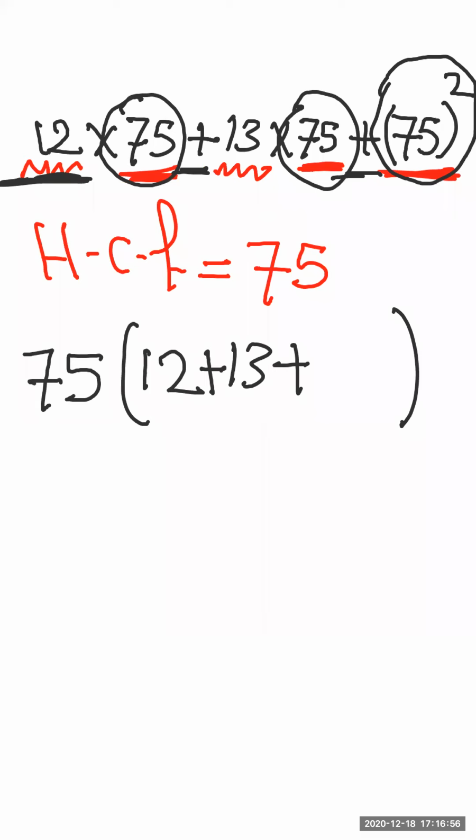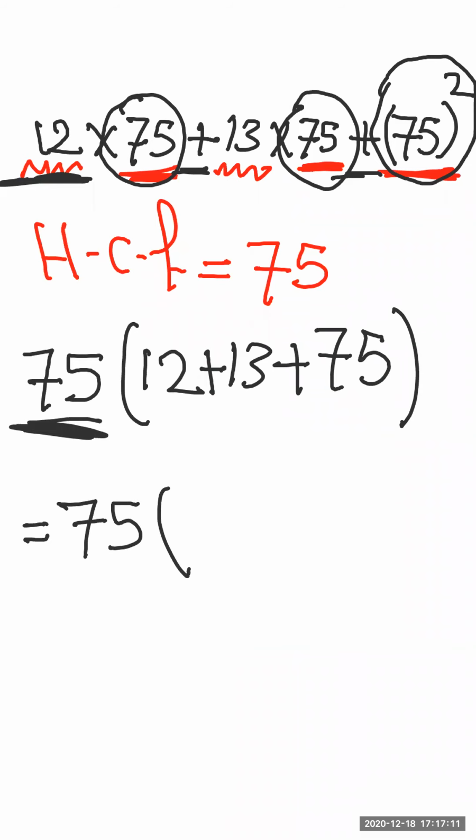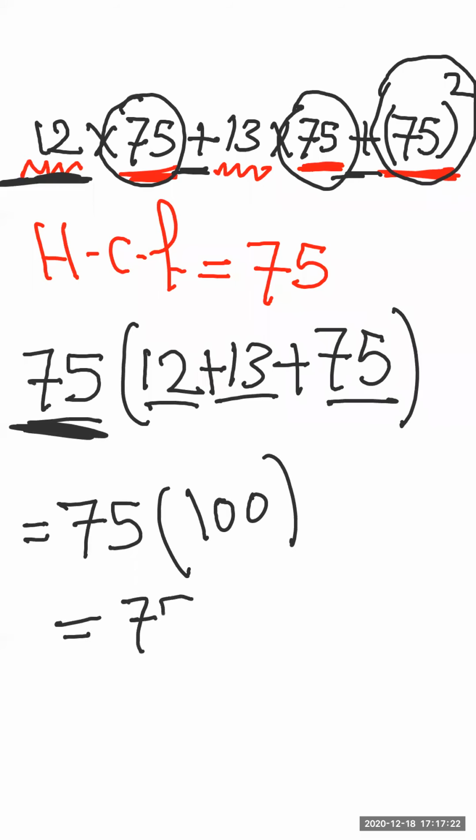One of these two 75s exists in the highest common factor, so the remaining will be 75. Now it will equal 75 times (12 plus 13, which is 25, plus 75, which equals 100). So 75 times 100 will equal 7500. Finished.